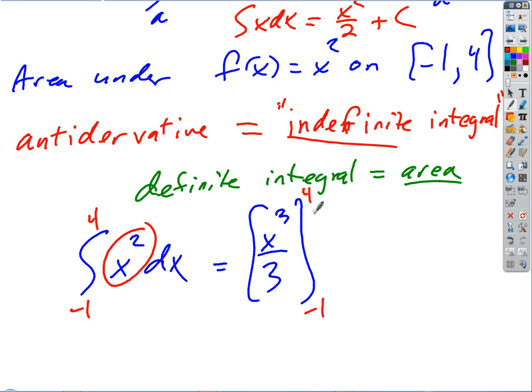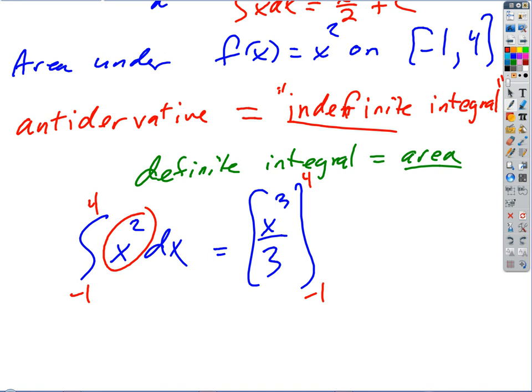What that means to us from now on is it equals the function evaluated at the upper limit minus the function evaluated at the lower limit. So it's going to look like 4 cubed over 3 minus -1 cubed over 3. And that's our exact answer.